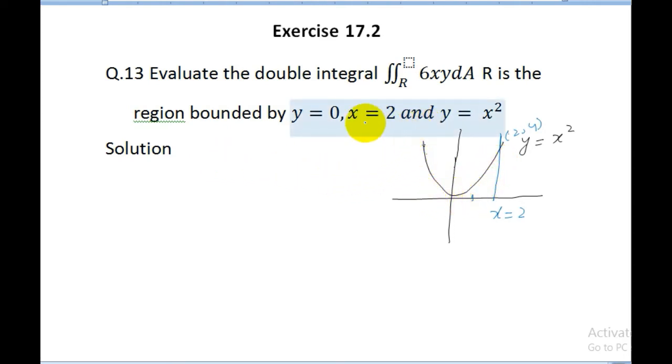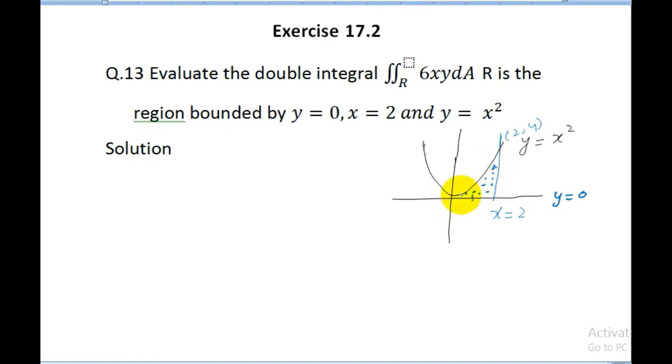Here y equal to x square is a parabola, and y equal to 0 is the x-axis, and x equal to 2 is this line. So our region is the region bounded by these three curves, which is this shaded region.